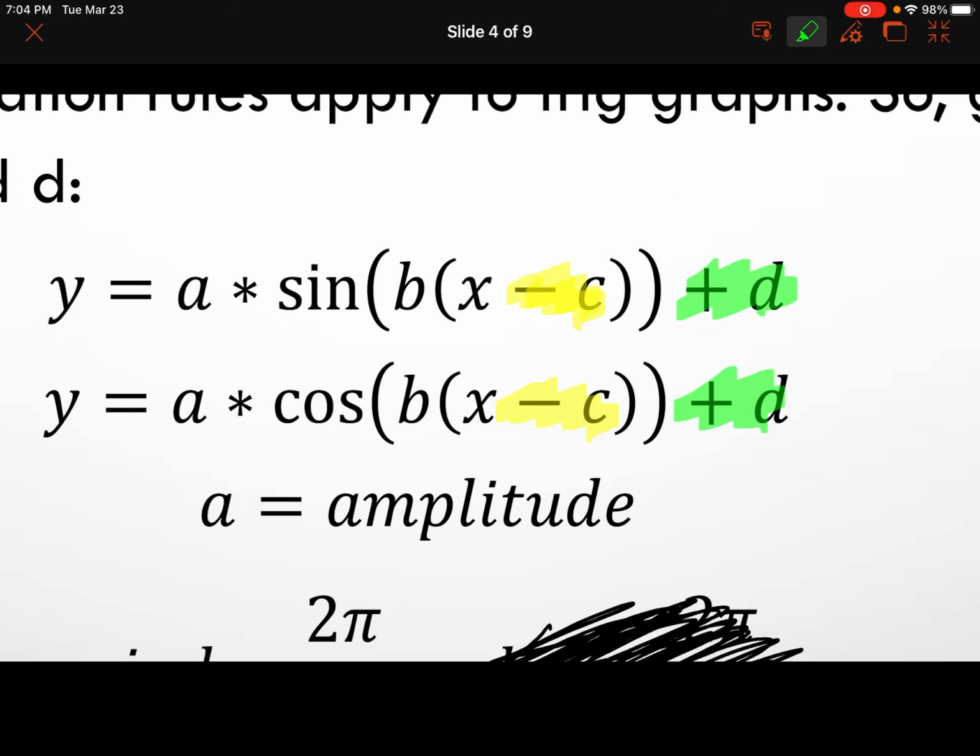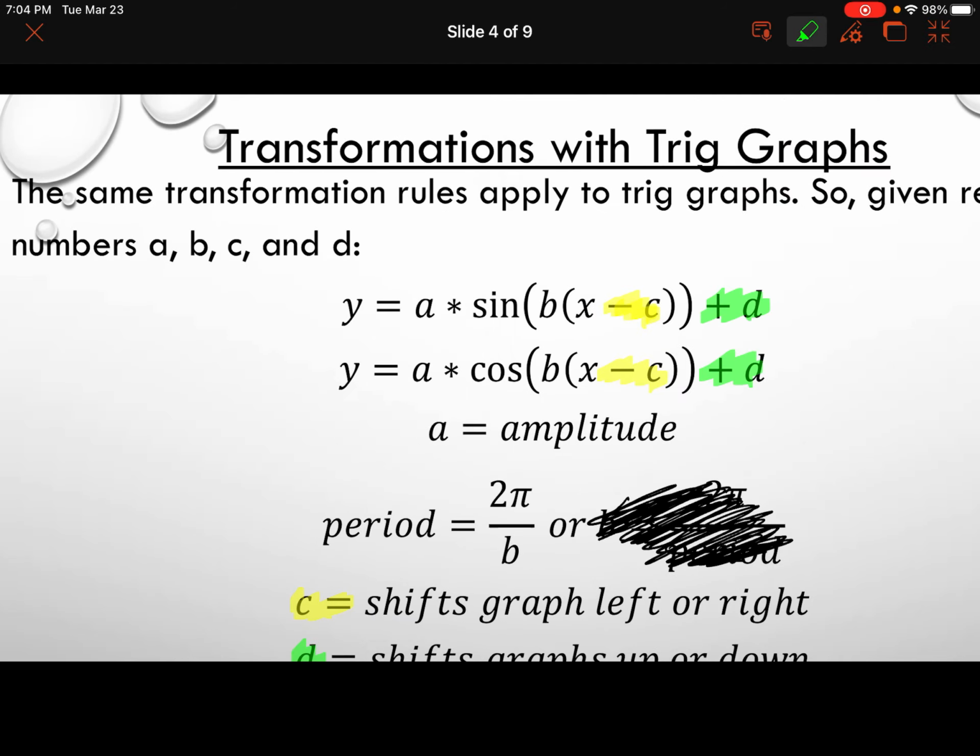So whenever you have a number added or subtracted to x in a trig equation, you're going to have that inside of parentheses. So you're going to have x minus 2 or x plus 3 inside of parentheses, and then the b value is going to be on the outside, as you can see.